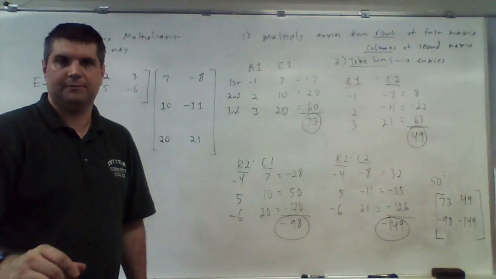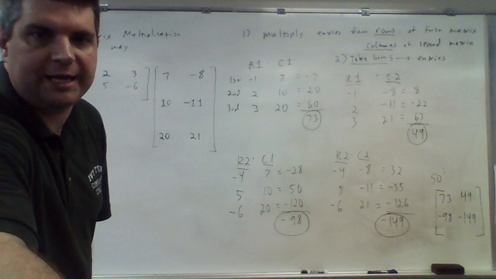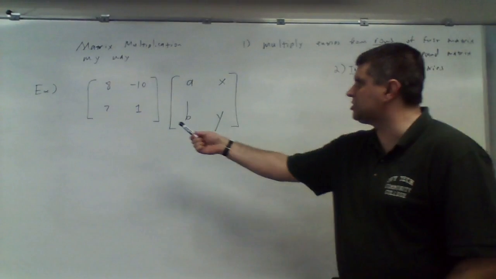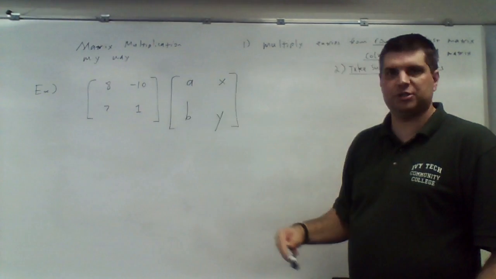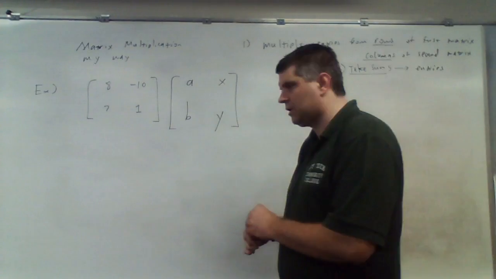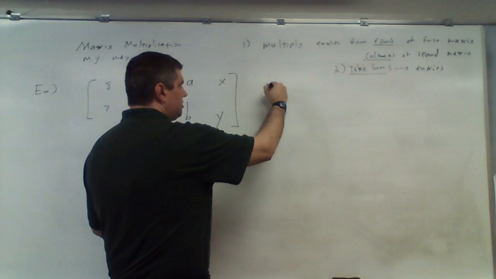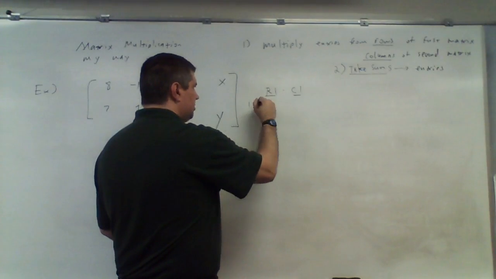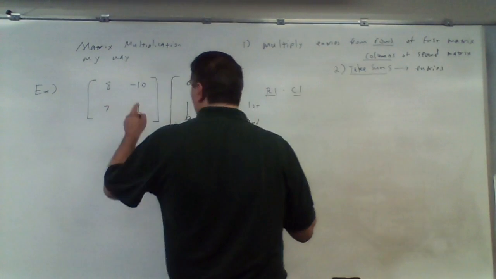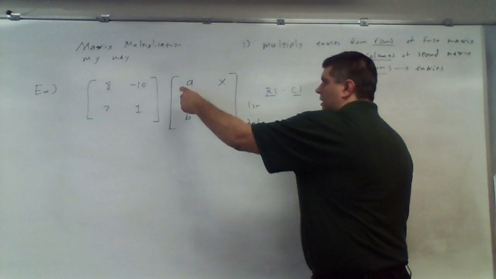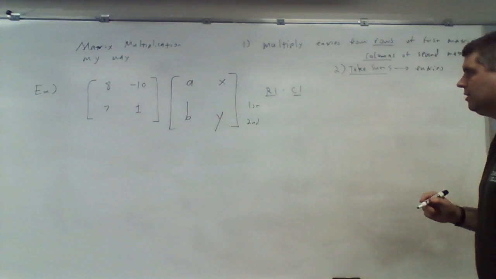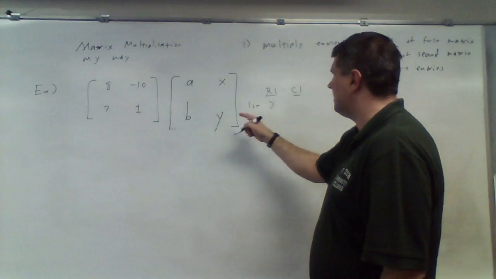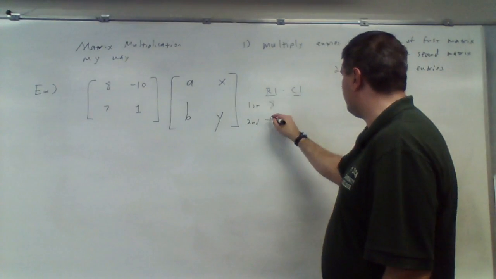All right? Let me pause here and do something. This time I did numbers in one and variables in another. Okay? But it's the same idea. It's going to be row 1 times column 1. There's only one entry, two entries. The first entry is 8, and the second entry is negative 10.